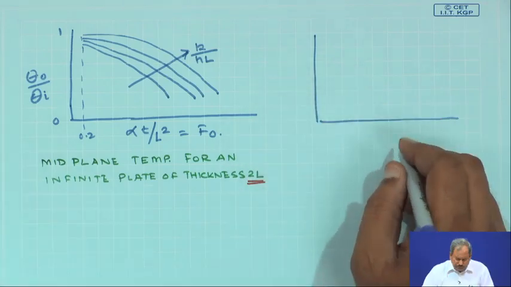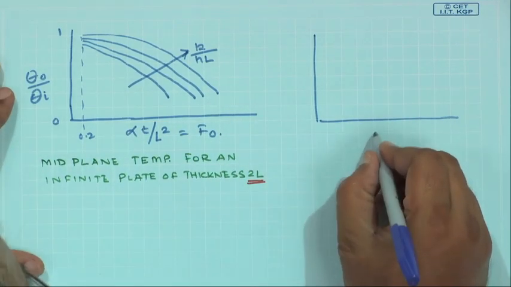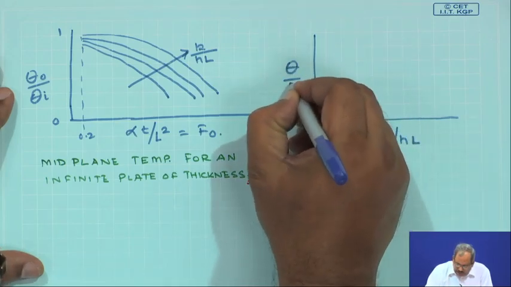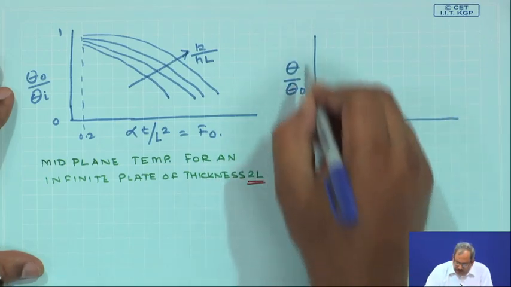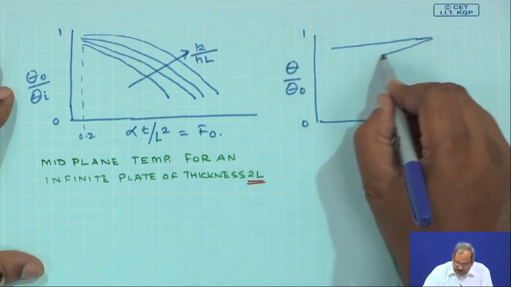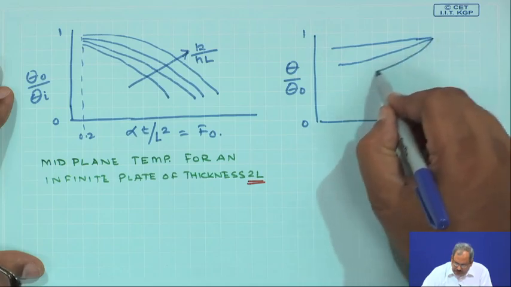So, for that there is a second curve, which you can also see in your text, but I am going to draw it over here, so that we know what these curves look like and how to use those curves for calculating the variation in temperature. So, the curve is plotted as a function of k by hL and theta by theta 0, again from 0 to 1, and roughly they would look something like this.